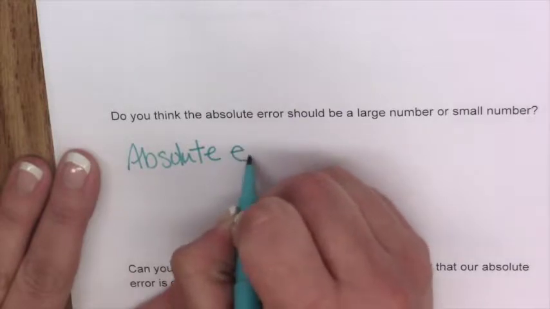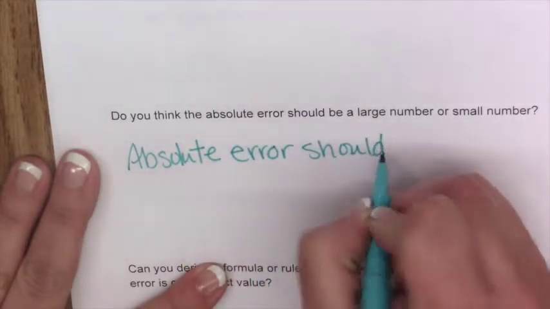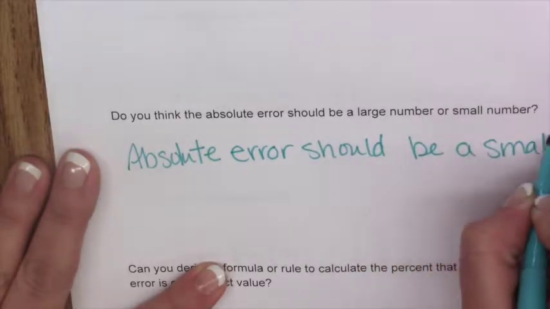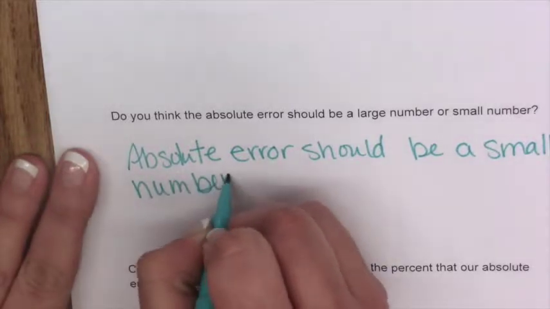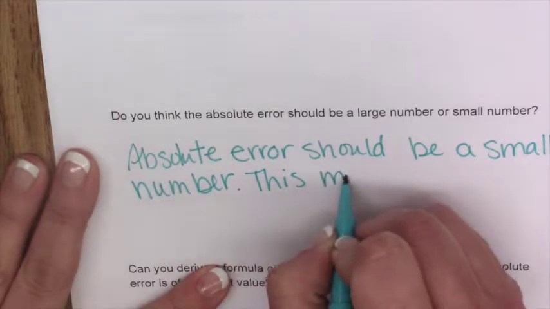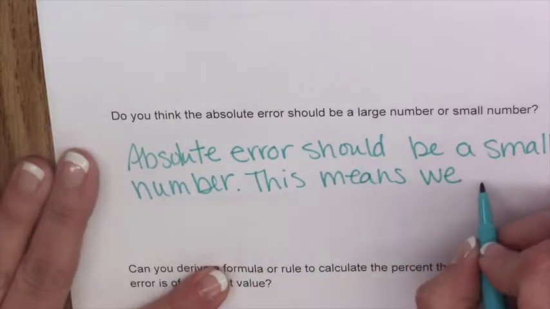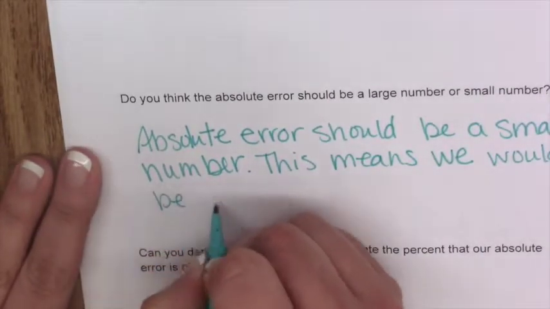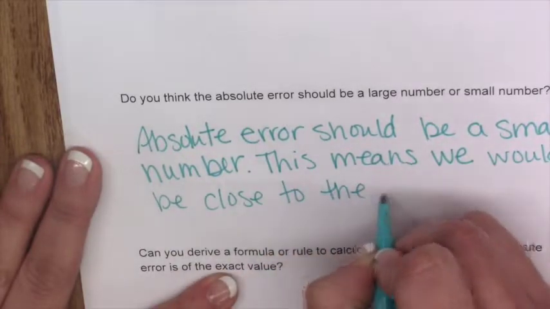L-U-T-E, there we go. Absolute error should be a smaller number. This means we would be close to the actual measurement.